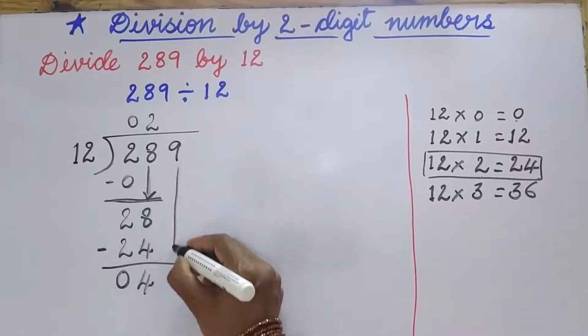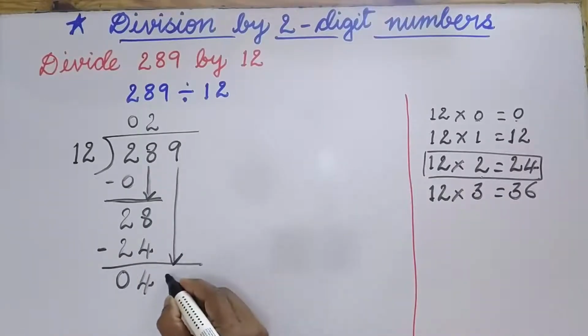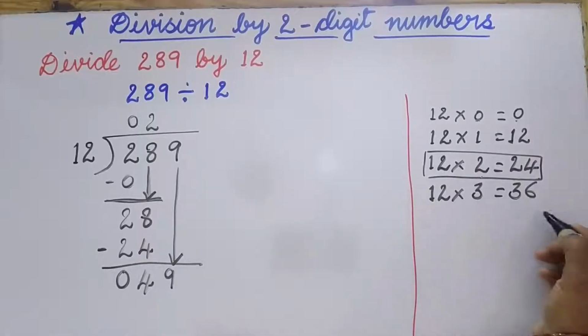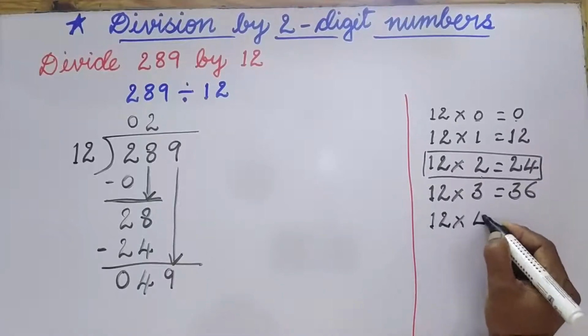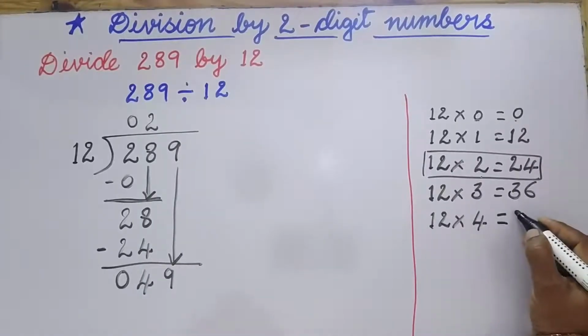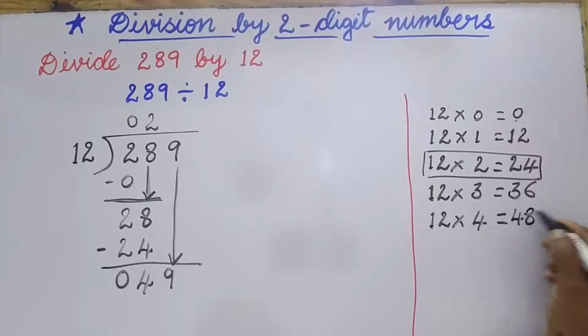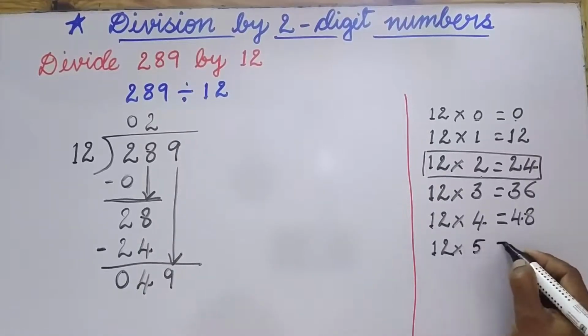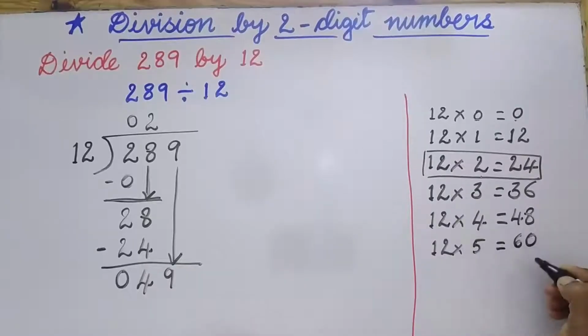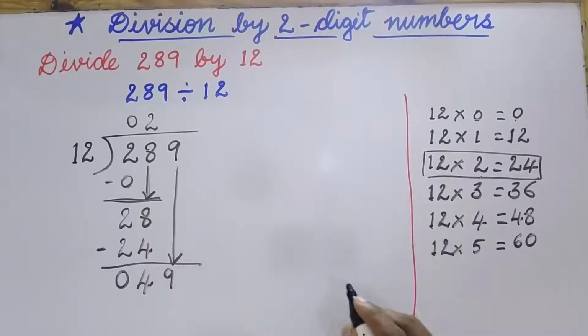We need to take down the last digit, that is 9. We get 49. So here do we have, let us continue the table. 12 fours are 48. Then 12 fives are, yes, you are correct, 60. Check which one can we take here.